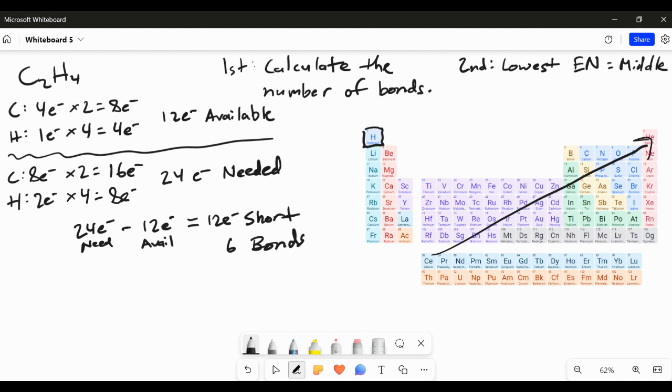Now, again, we can take a quick look right here and see we have 12 electrons available. We need 6 bonds. These 6 bonds are going to take 12 electrons to make. So there are going to be no non-bonding electrons.